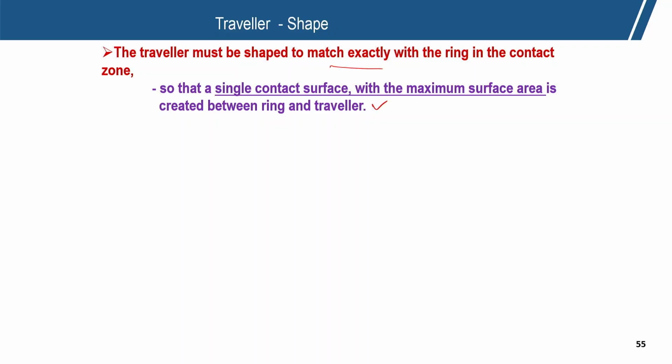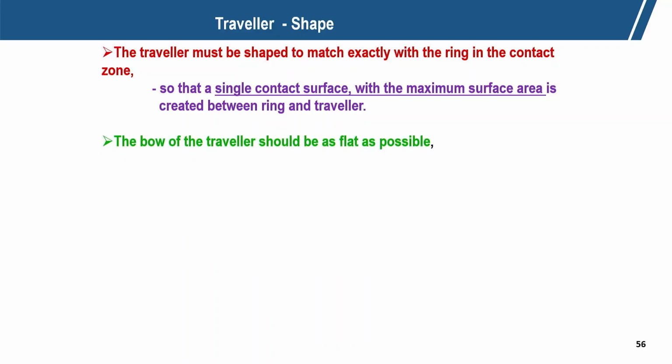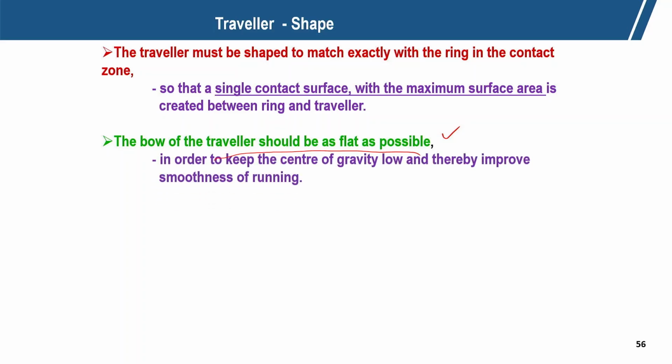That is the tabular shape. The bow of the traveler should be as flat as possible, to lower the center of gravity, thereby improving smooth running. So, there is less tilting of the traveler during running.